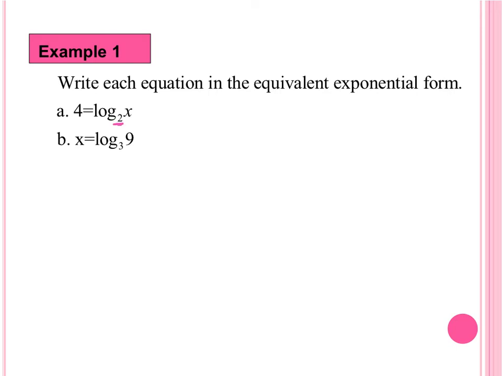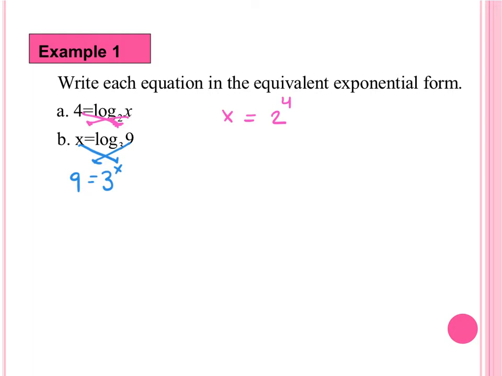So if we take the b, keep that in the middle, we switch the x to become up front, so x is equal to, and the 4 goes to the back, so x is equal to 2 raised to the power of 4. For example b, we keep 3 in the middle, make 9 go out front, and make x go up top.